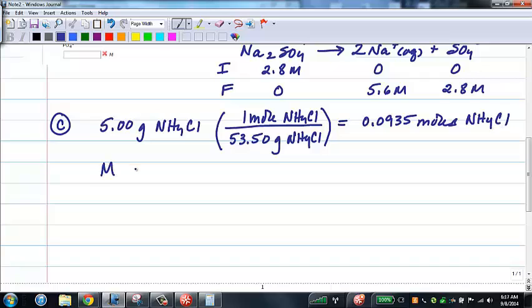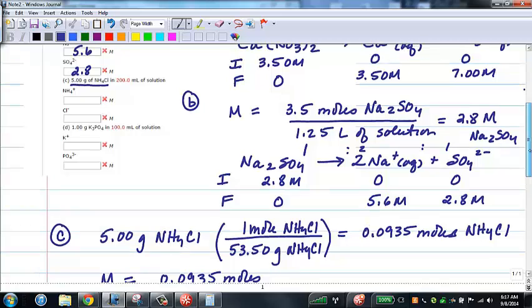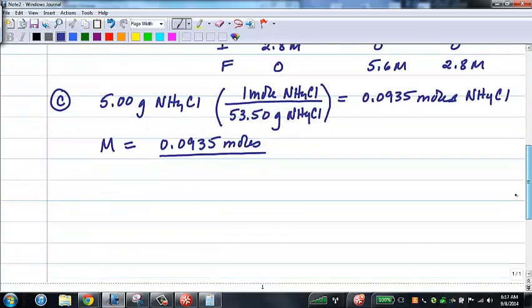So if I want to find the molarity of ammonium chloride, I have to take that number of moles and divide by the volume. The volume in this case was 200 milliliters, which I of course have to change to liters. So dividing that by 1,000, I get 0.2 liters.